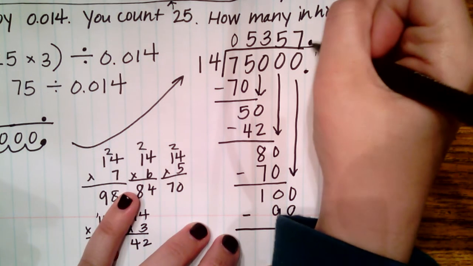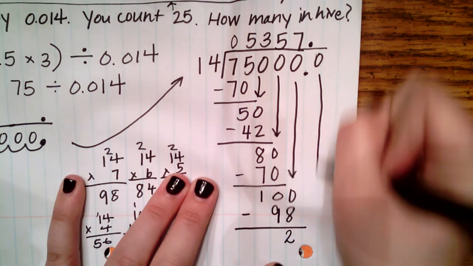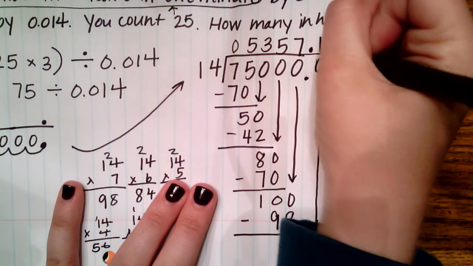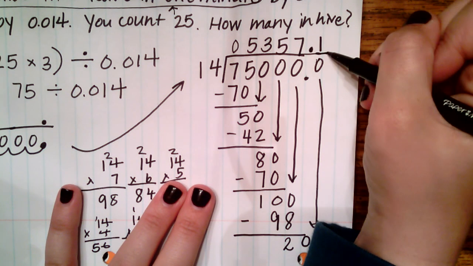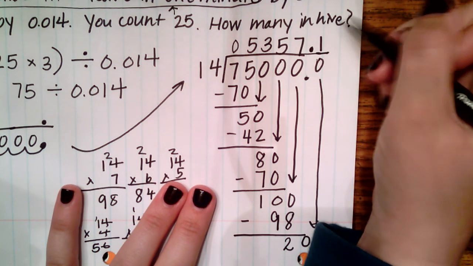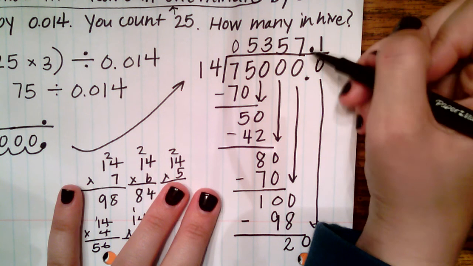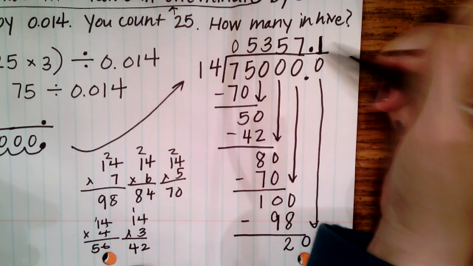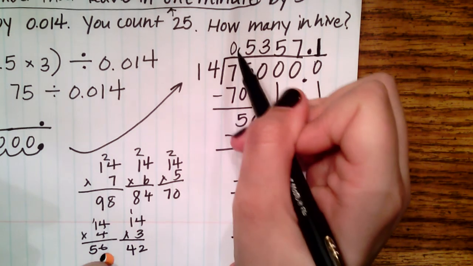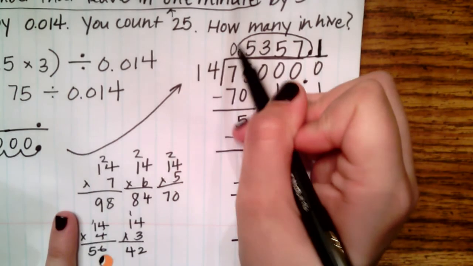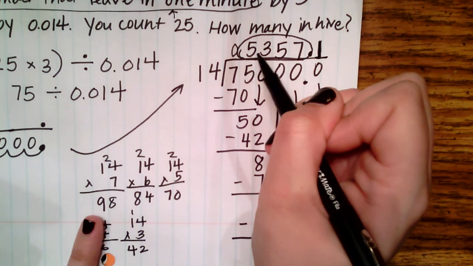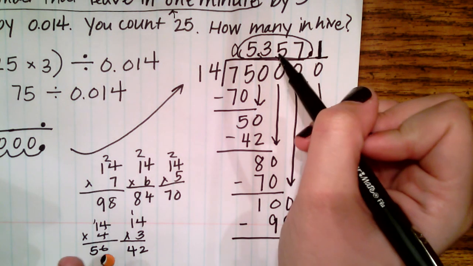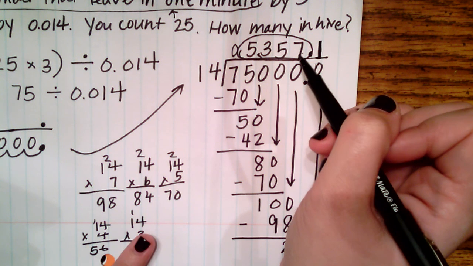I could go into decimals of a B, right? Because now I'm getting into the tenths place. But I just want to know how many approximately are in the hive. Well, since I see my decimal is going to be 1/10, I'm just going to keep my whole number and not round up. And I'm going to say approximately there are 5,357 bees in the hive.